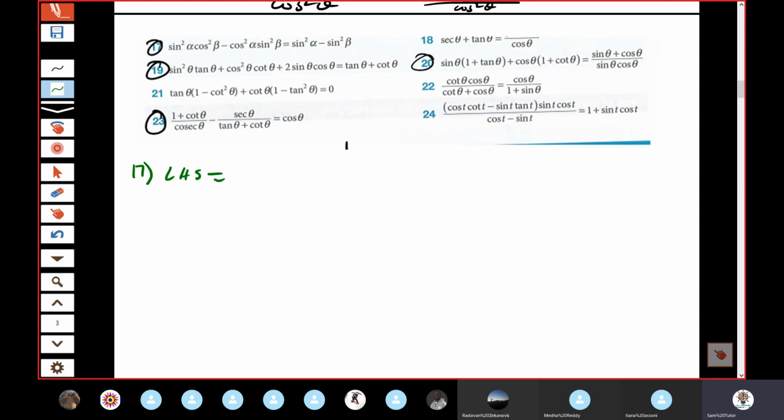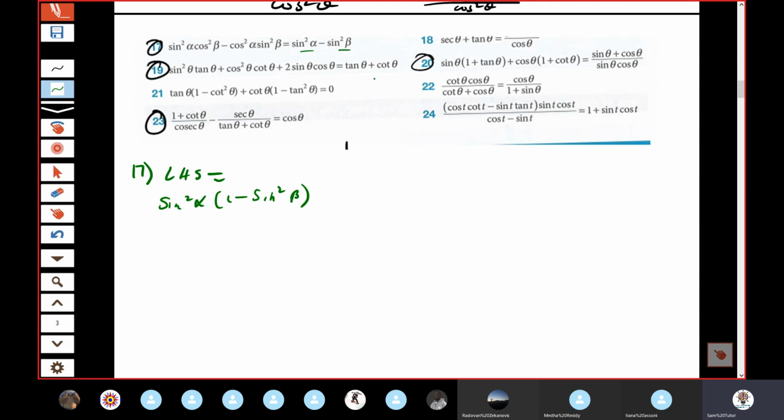The fact that it says sine squared alpha, we're going to change cos squared beta to 1 minus sine squared beta. So left hand side is sine squared alpha, and then instead of cos squared, you change it to 1 minus sine squared beta. Right?